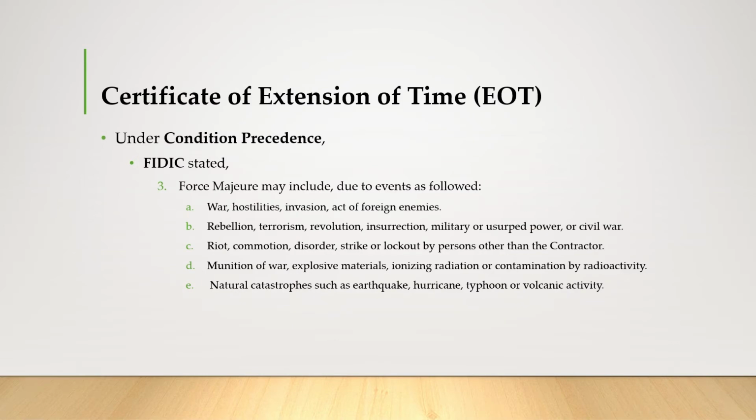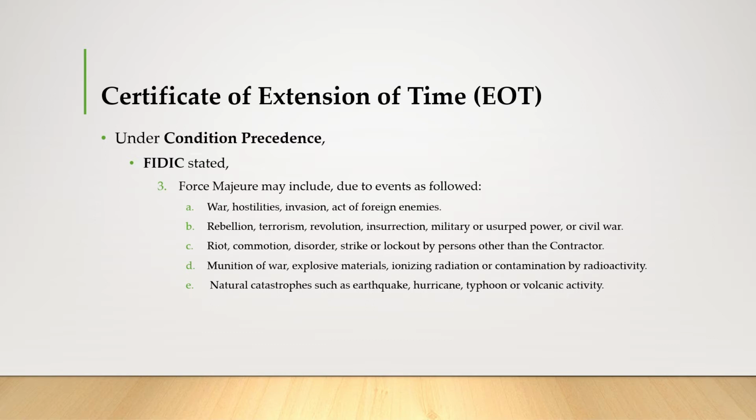And also in FIDIC, the third one is force majeure, which may include events as follows. First one is war, hostilities, invasion, acts of foreign enemies. The second one is rebellion, terrorism, revolution, insurrection, military or usurped power, or civil war.